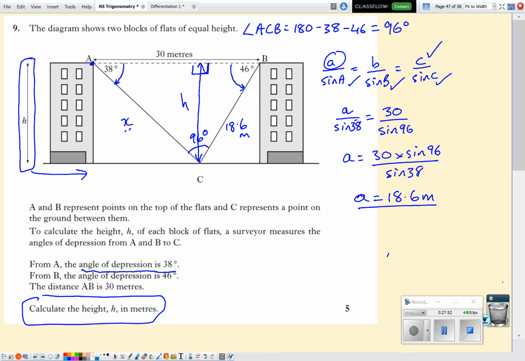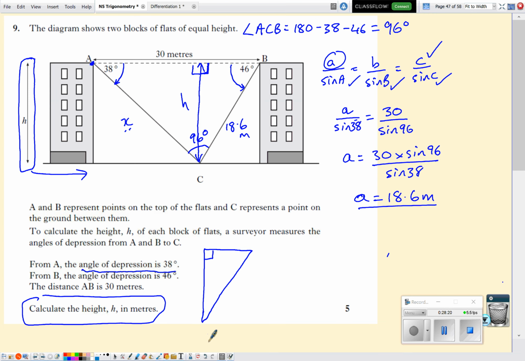Now, if you break this down, let's revisit what we said before about this altitude line splitting the triangle into two right angle triangles. If I just peel off the right angle triangle that's on the right hand side here, the one involving 18.6 meters, if I peel that off, let's draw it.